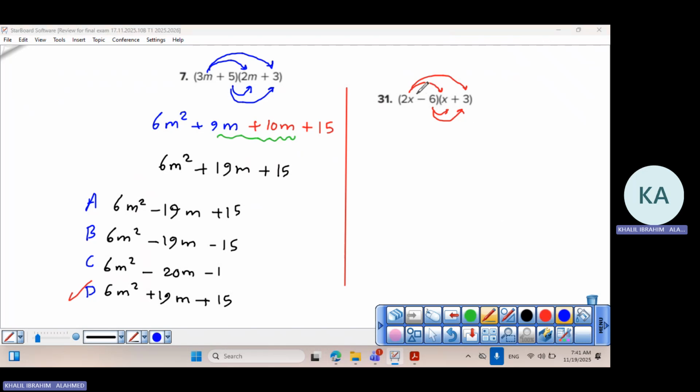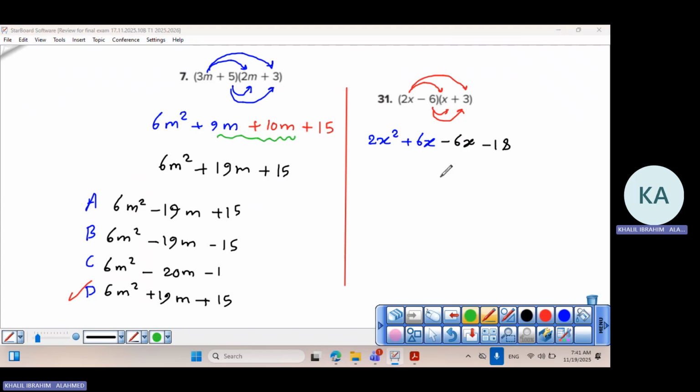Be careful about how to distribute between addition and multiplication. 2x times x, 2x squared, okay. 2x times 3, plus 6x, excellent. Also here, negative 6 times x, negative 6x, negative 6 times 3, negative 18.